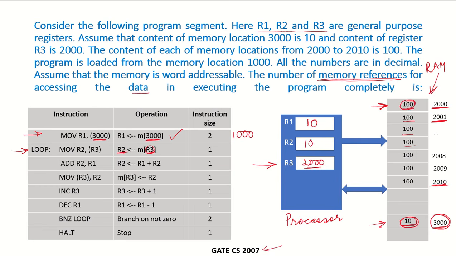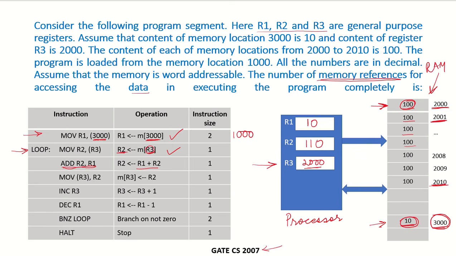So 100 will be brought into R2, and that means this requires a memory access. Now R1 and R2 will be added. So add R1, R2, and the result will be stored back into R2. If we are adding R1 and R2, which gives 110, the result is stored back into R2. So now R2 will have the value 110.